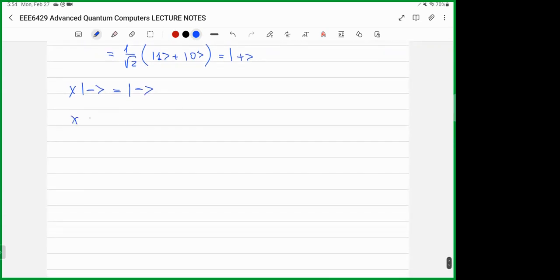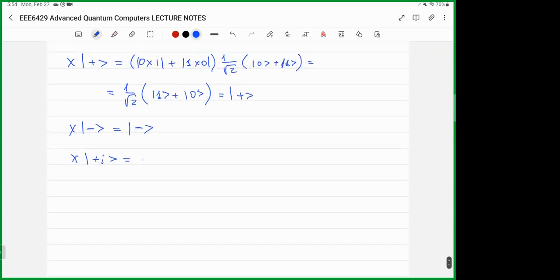But what about the application of X gate on a plus I? Let's check this. This is 0, 1 plus 1, 0 for the gate, and it acts on this state plus I, which is 0 plus I state 1.